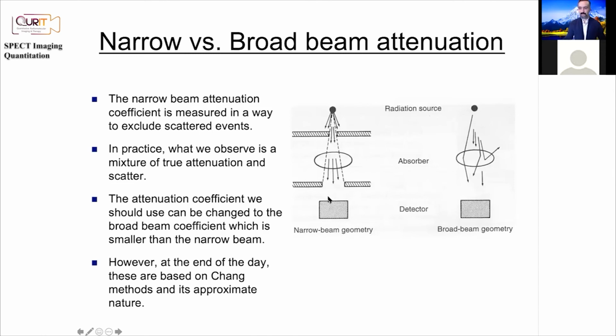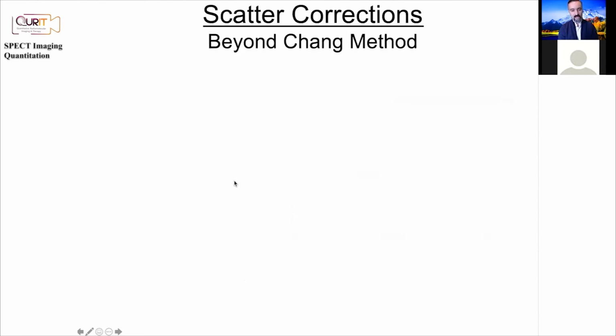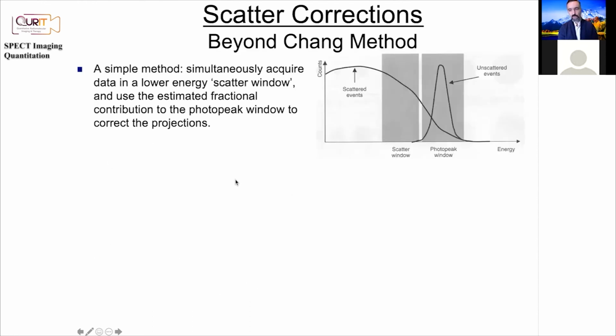It's almost like you're getting more events because you're accepting from a broader beam. So the effective attenuation, the argument goes, is less here than here, because scattering is returning some of the counts to you. It is an approximate argument. It is not an ideal approach, so people have really tried to move beyond that kind of mindset.